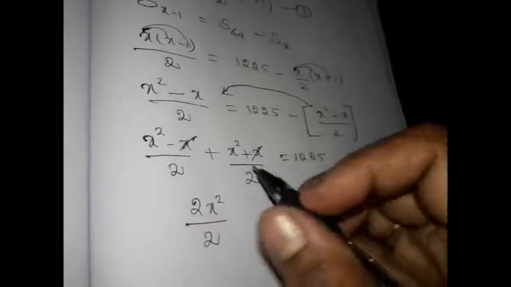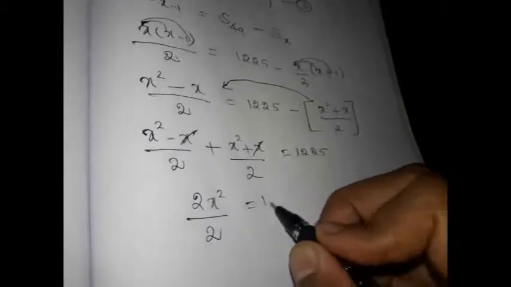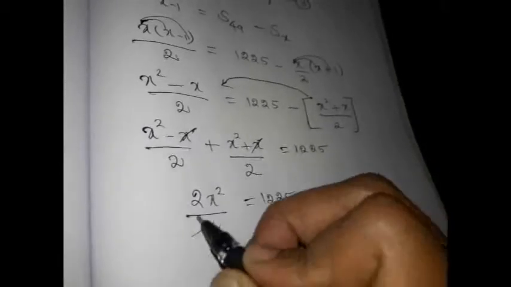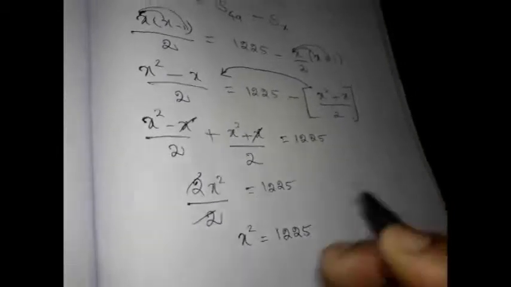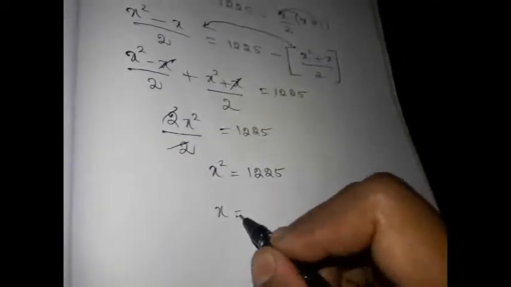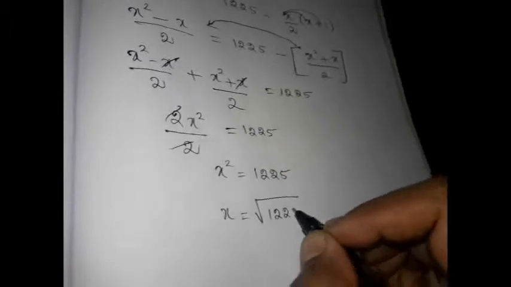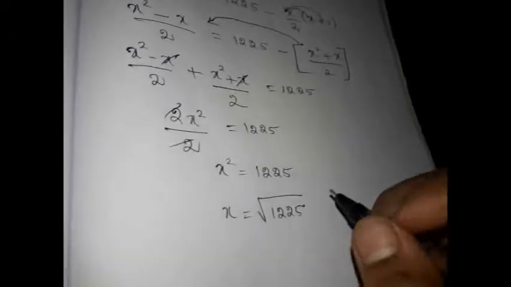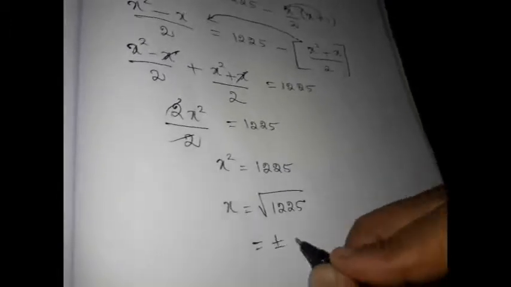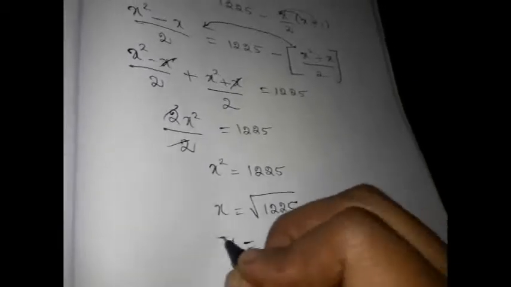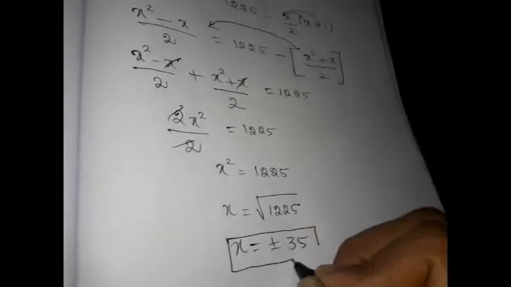Don't write 4 as a denominator. This is a common denominator. We are adding, it's not multiplication. So 1225. 2, 2 will get cancelled. So x square equals 1225, or x equals square root of 1225. What is the square root of 1225? It is 35. So plus or minus 35. So the value of x is plus or minus 35.